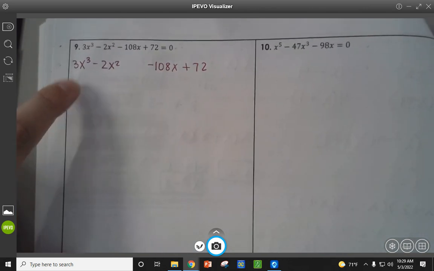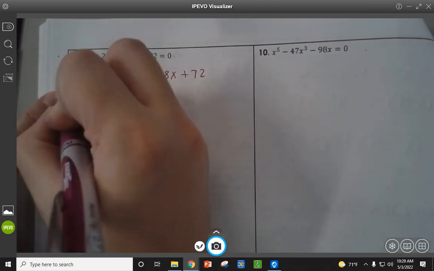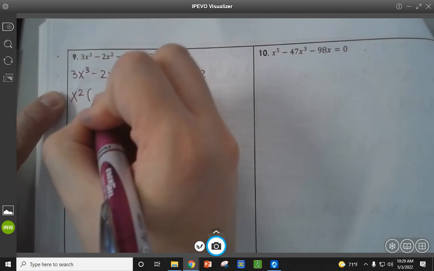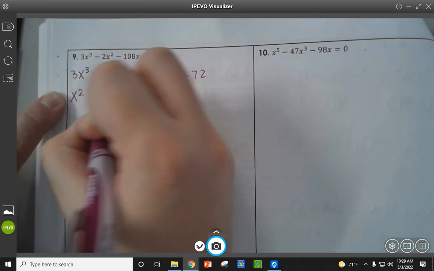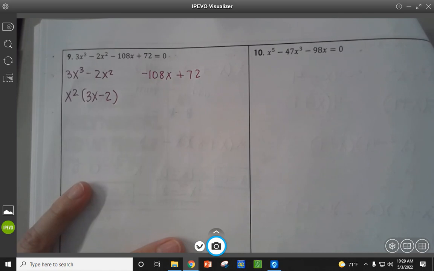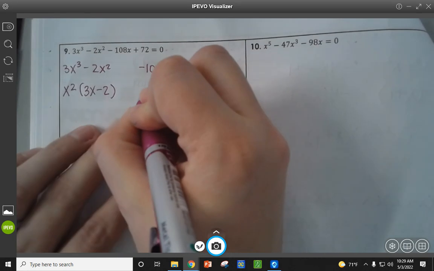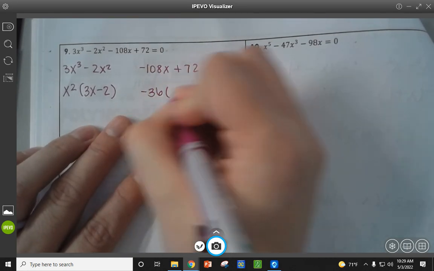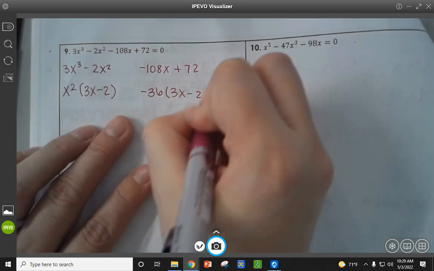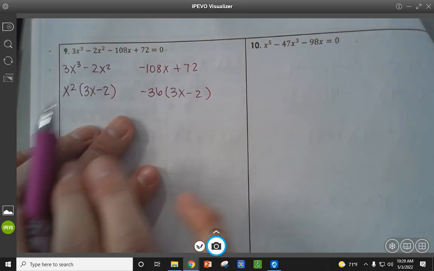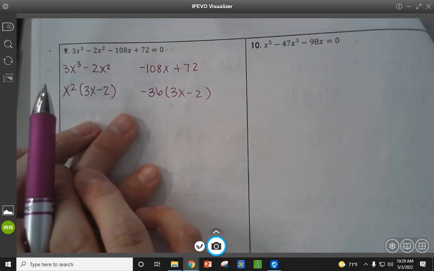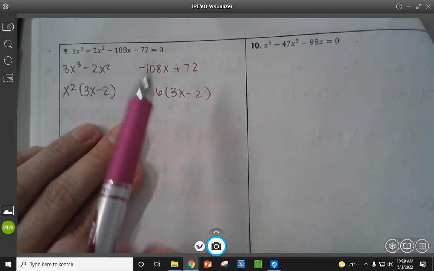What is the GCF of the first group? x squared, leaving you with 3x minus 2. Then for the second, it's negative 36, leaving you with 3x minus 2.